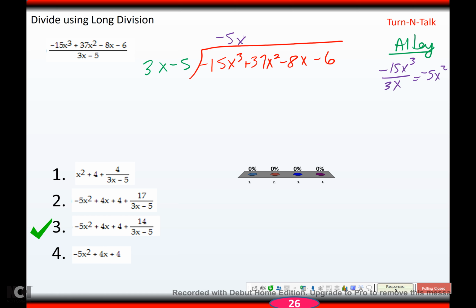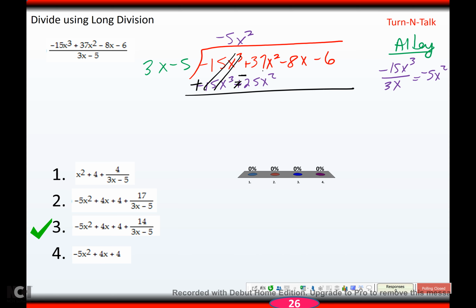Goes up. Negative 5x squared times 3x is negative 15x cubed. Negative 5x squared times negative 5 is positive 25x squared. But when I draw the line, I have to change both signs, and the third degree is dead.